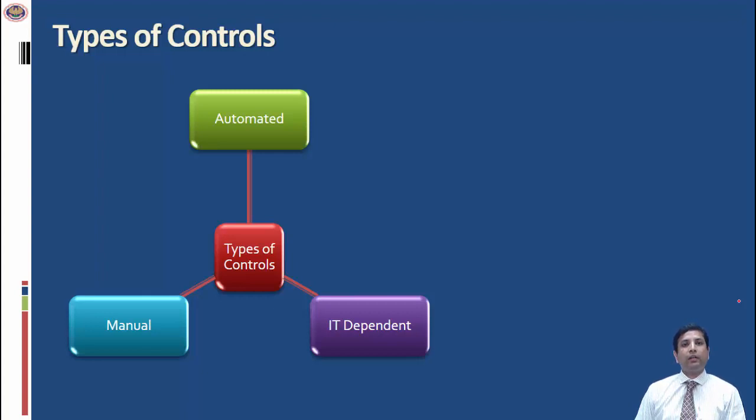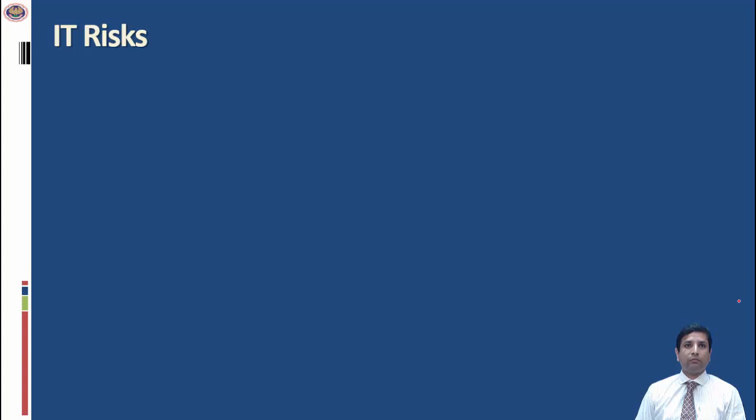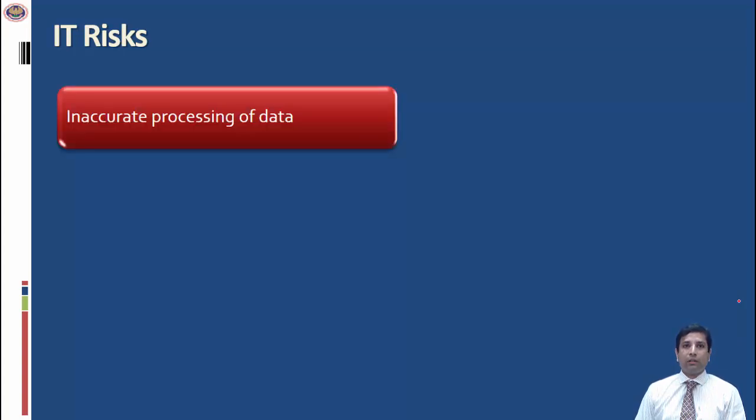So having understood the different types of controls, let us now move on to see why GITCs may be required. There are certain risks within IT systems and ERP systems. Let us look at a few. One is the inaccurate processing of data. That is, data which is going through the systems or ERPs may not be processed accurately or even completely.